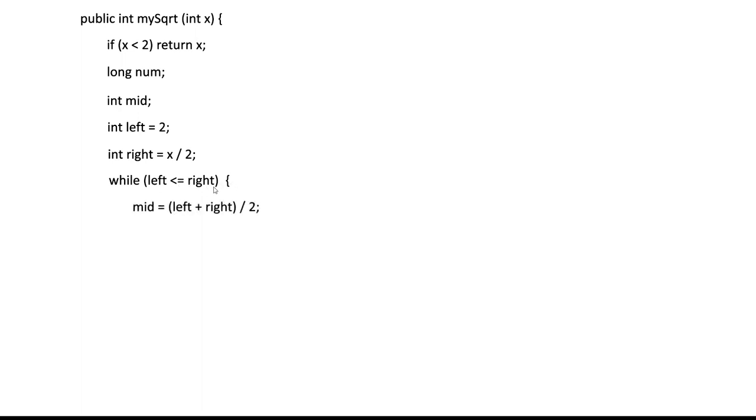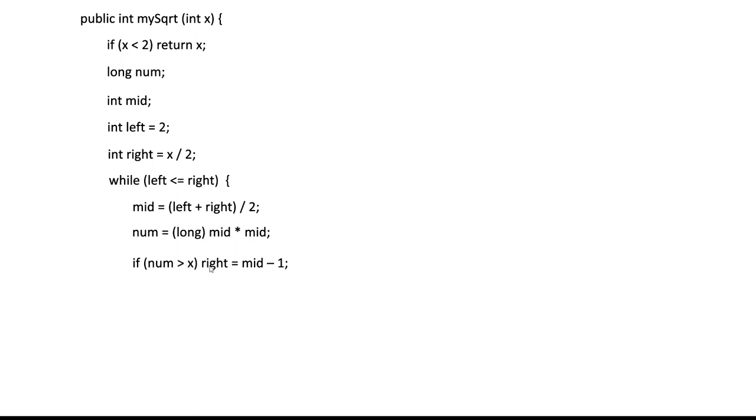So while left is less than or equal to right, we're going to assign the midpoint left plus right divided by 2. And then we're going to take the midpoint times the midpoint, convert that to a long, and stuff it into num. And this is what we're going to use for our comparison.